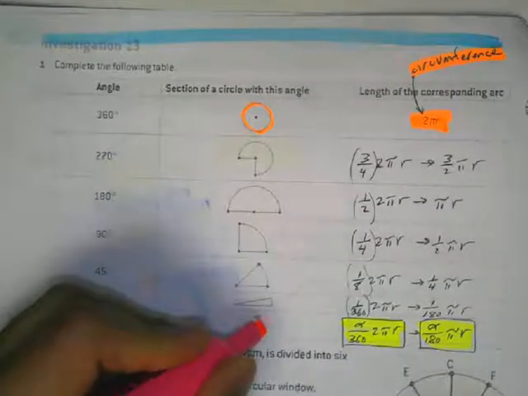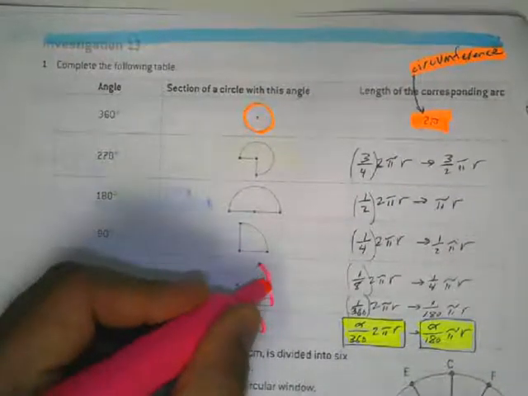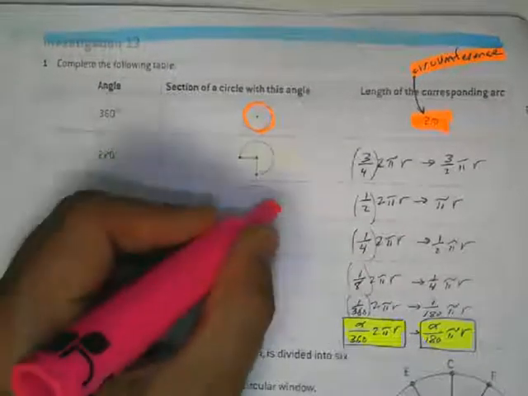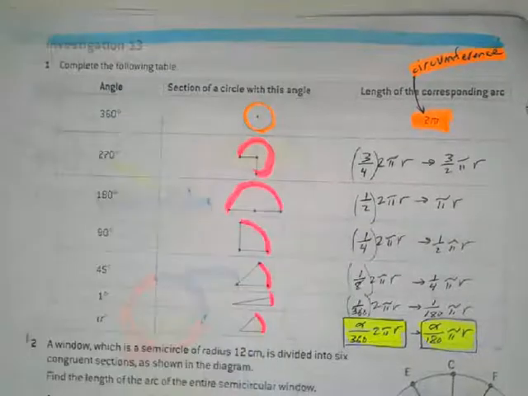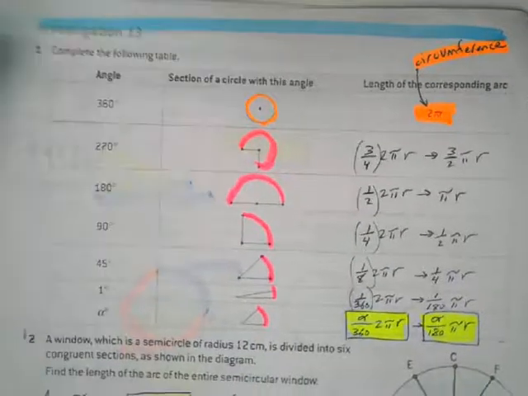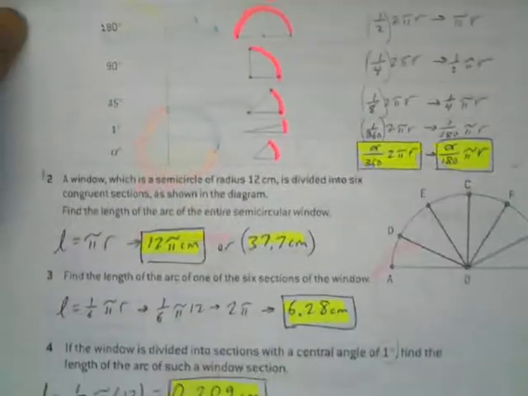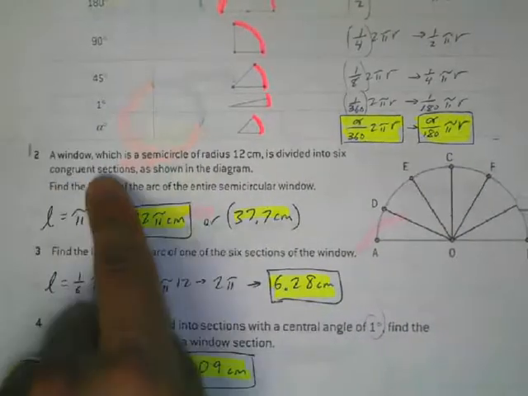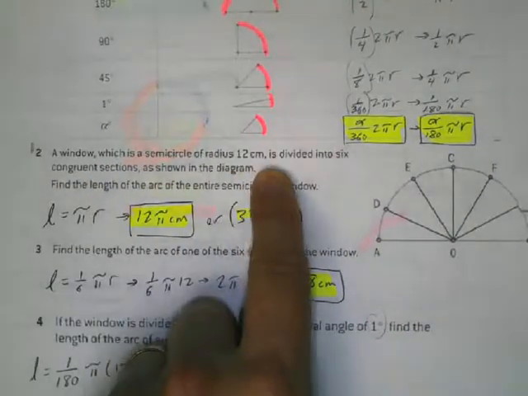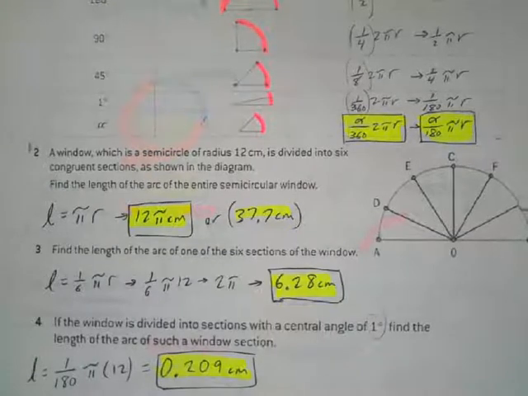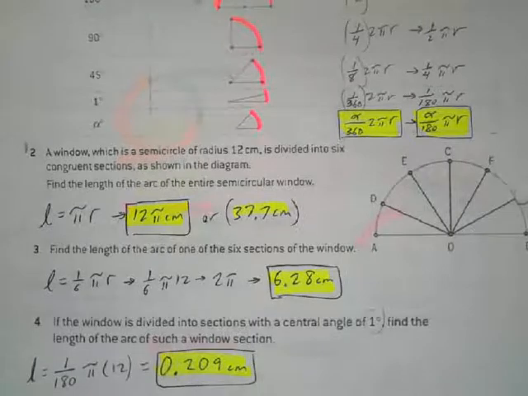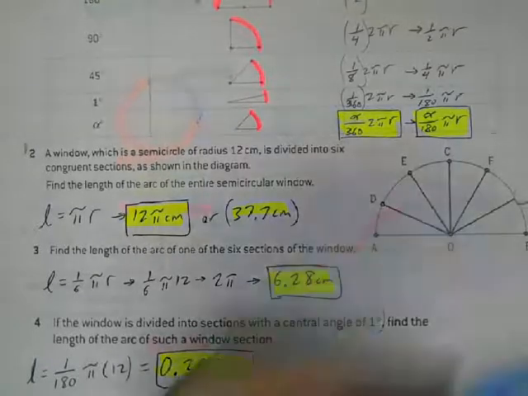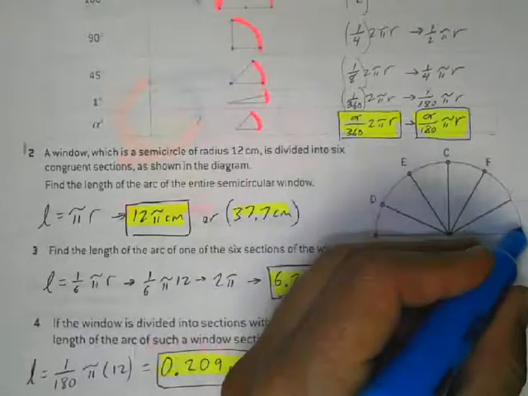So basically, this is the length around the circle. All right, let's do investigation question number 2. A window which has a semicircle of radius 12 is divided into 6 congruent parts. The radius is 12.